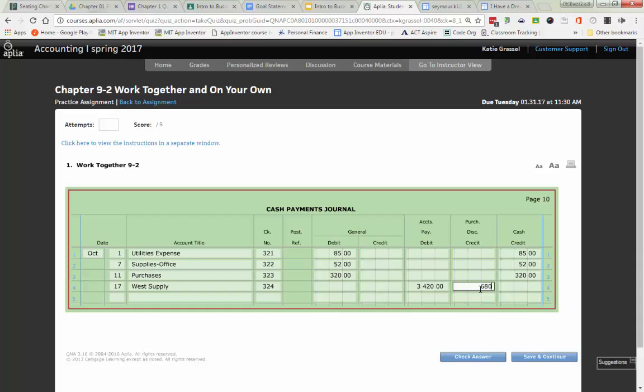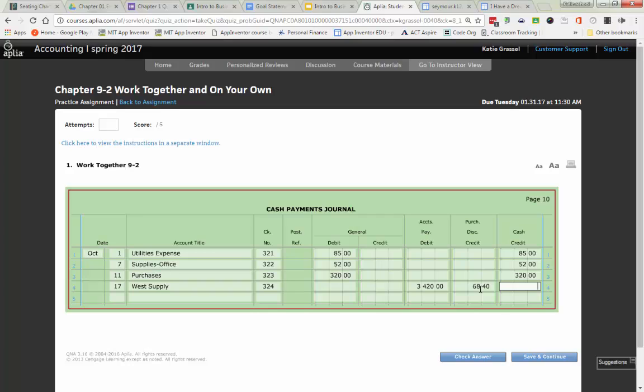I am getting this discount because I'm paying them early. You cannot just ignore the fact in that transaction that says there's a less 2% discount. If you do that, all of your numbers are going to be wrong and you're just going to have a big, huge mess. Now, I have a debit and I have a credit, but do they equal? No, they do not.